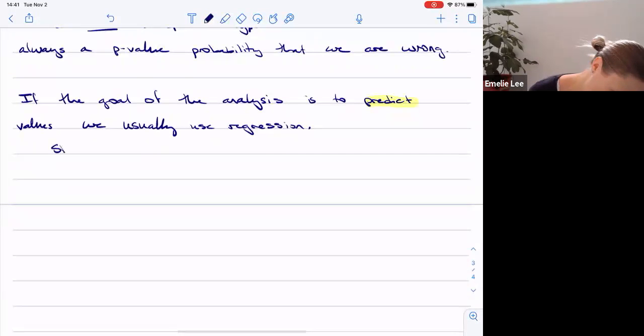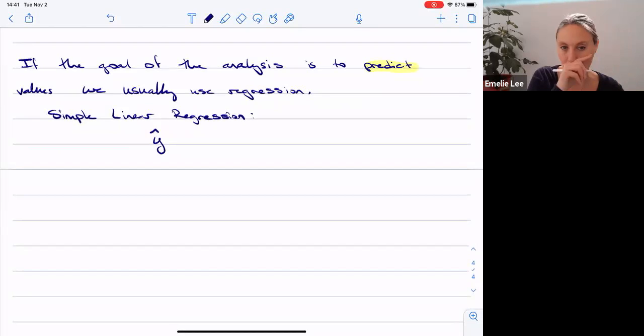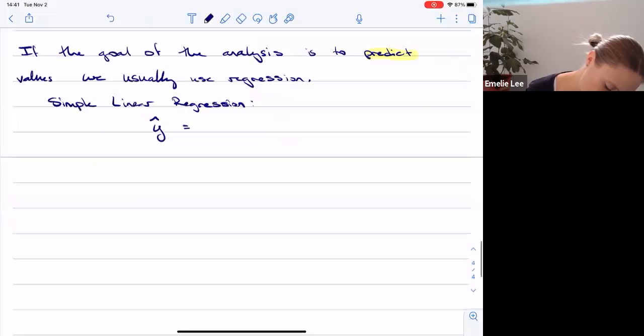Simple linear regression is when we have some y hat, some predicted value of y, equal to b1x plus b0, depending on how you like your formulas written out.